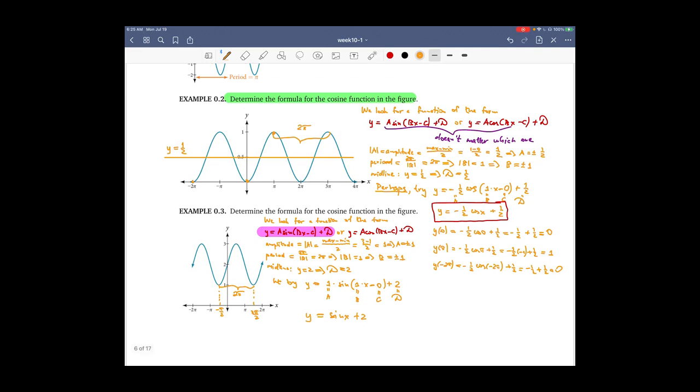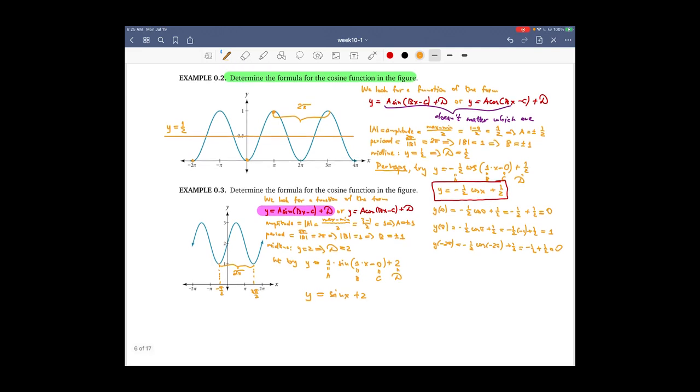And again, we should check a couple of points. If we suspect that this is true, y at 0 is sine 0 plus 2. Let's try negative pi over 2. Y at negative pi over 2 is sine of negative pi over 2 plus 2.